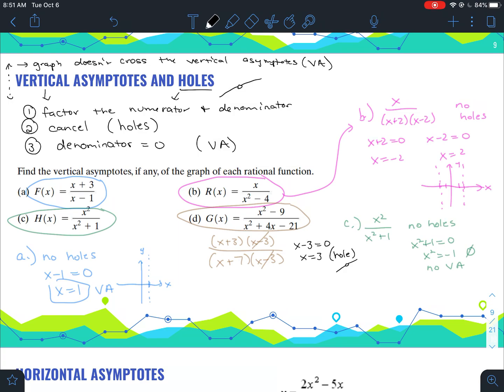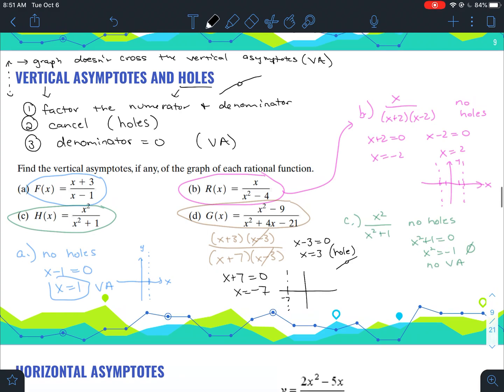So there's going to be a break in the graph right there with a hole in the middle of it. Then you take what's left in the denominator, the x plus 7, set it equal to 0, and solve. And so that means that this graph is going to have a vertical asymptote at -7. And then at x is equal to 3, I don't know where it's going to be on the graph, but there's going to be a hole there. That's just a sketch. That's probably not what the real graph looks like.